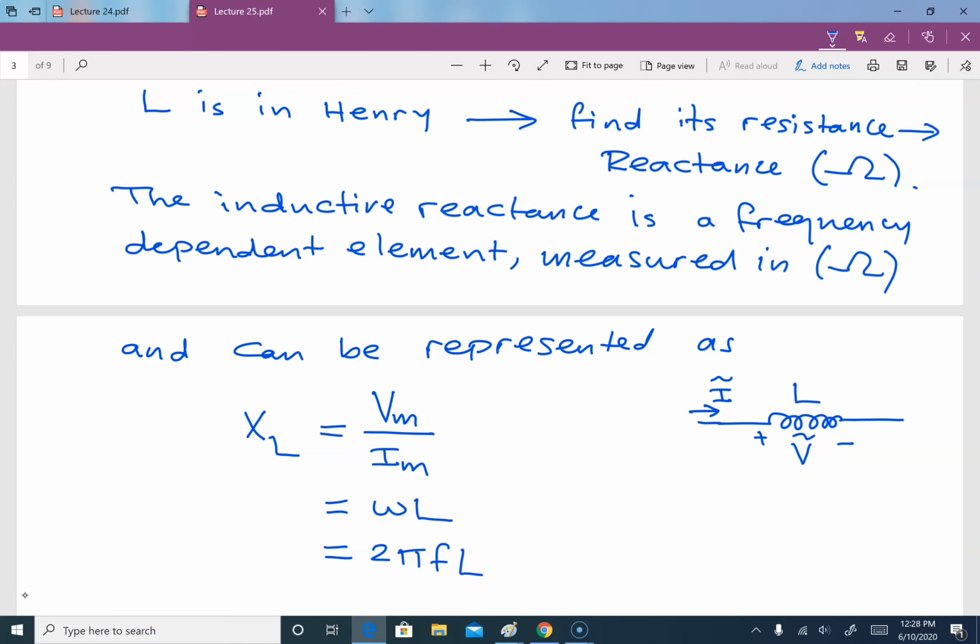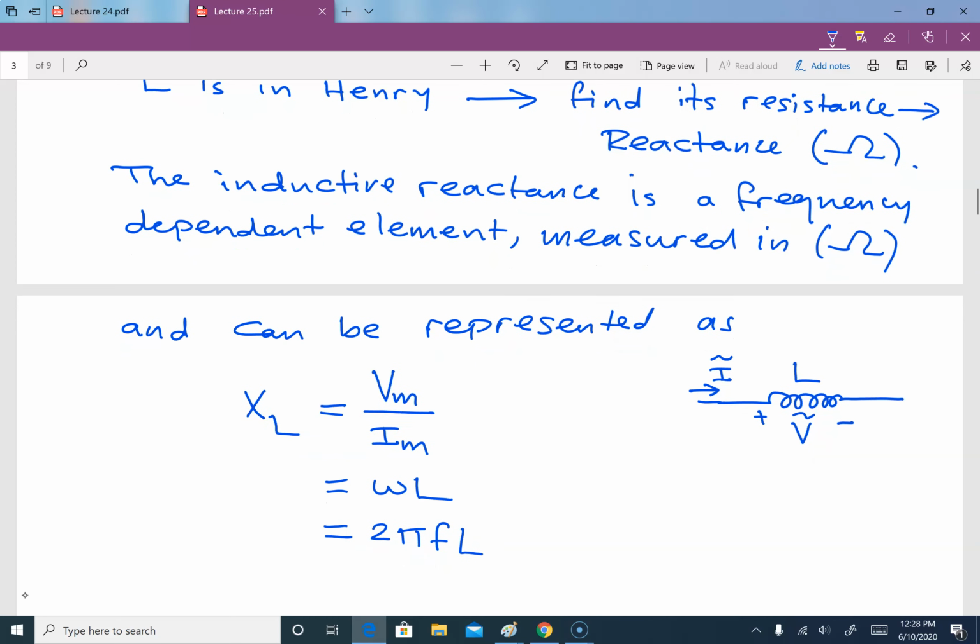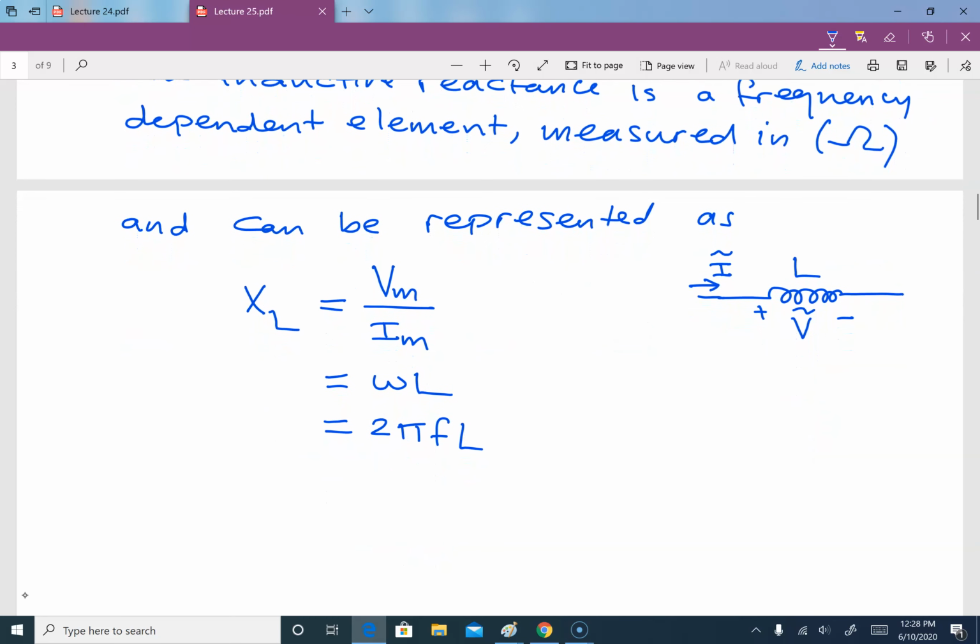If I have the voltage magnitude available and the current magnitude available, I can find the inductive reactance using these two quantities. If I know the frequency and I know the inductance, then I can use omega L. If I know the frequency in hertz, then I can use 2 pi f multiplied by the inductance L. That is XL.